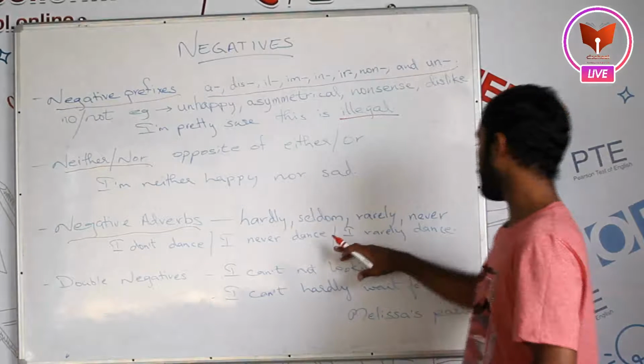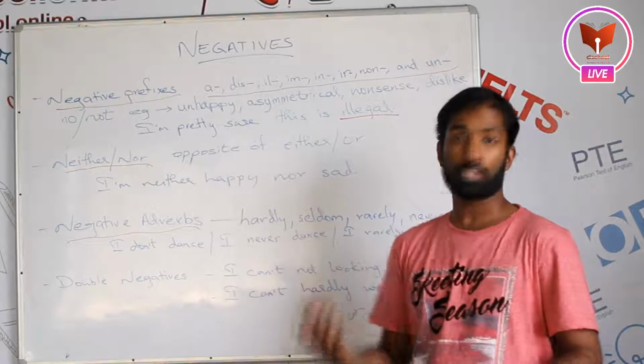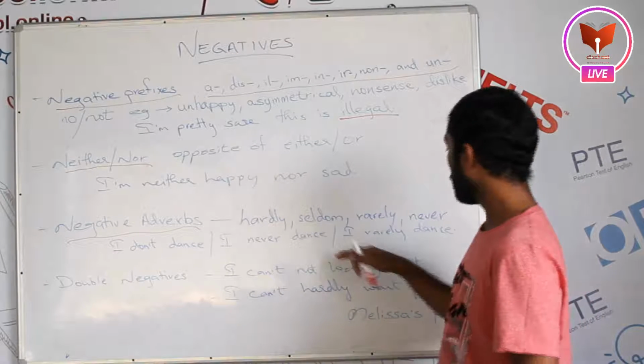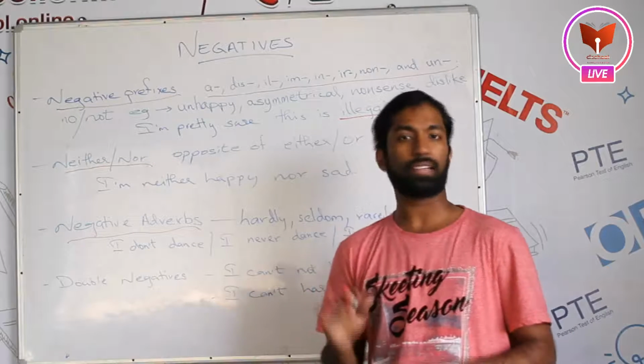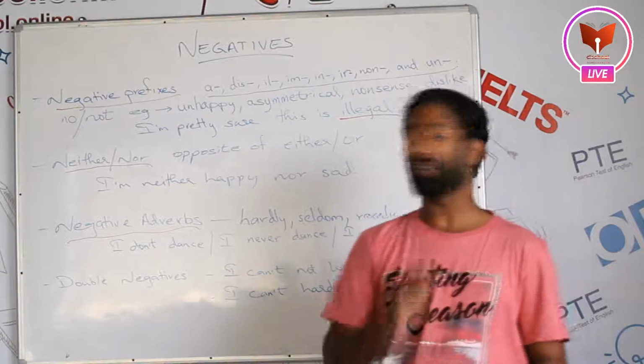Let's take a look at the last example. I rarely dance. Rarely means not never. He might have occasionally danced, or he might have danced when he was a kid. So I rarely dance means sometimes or occasionally I dance. That's what this sentence means. So it is a negative, but to a certain degree.